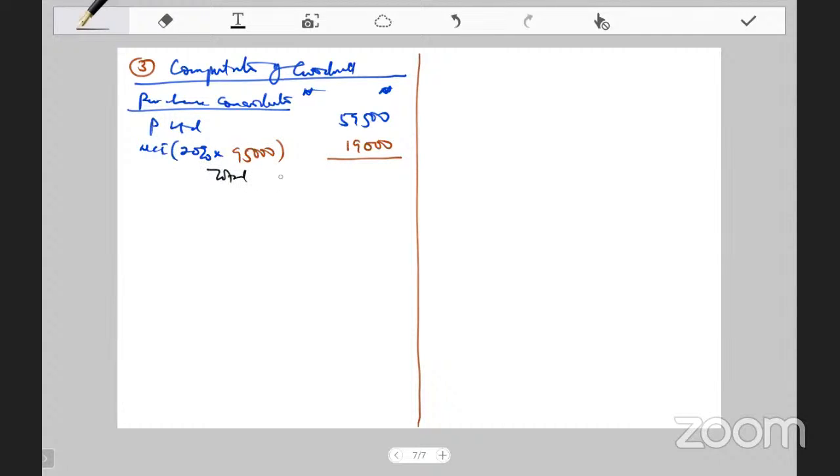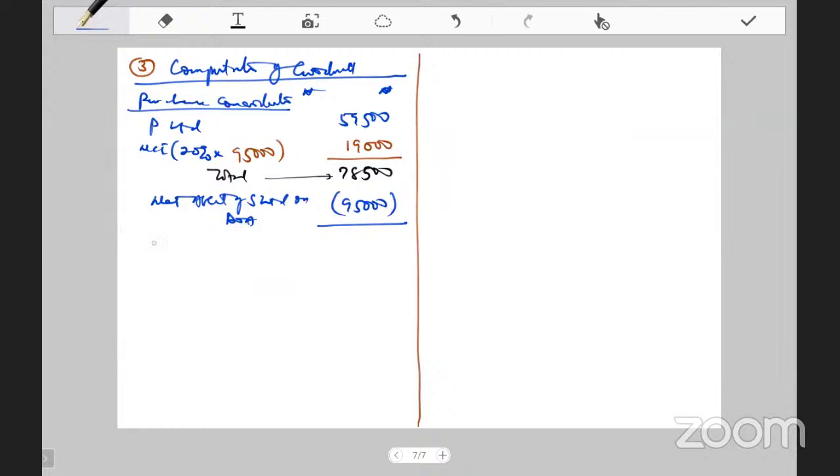So what's the total of the PC? 78,500. So I now need my net asset. What is the net asset of S Limited on the date of acquisition? 95,000. That is 95,000.